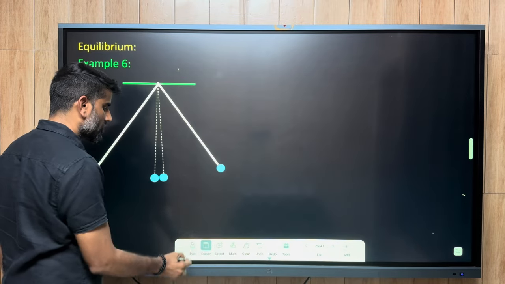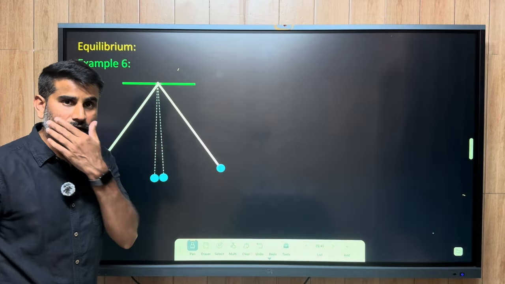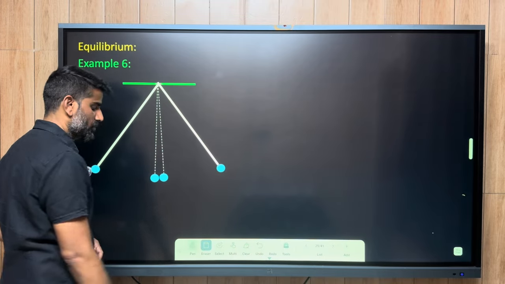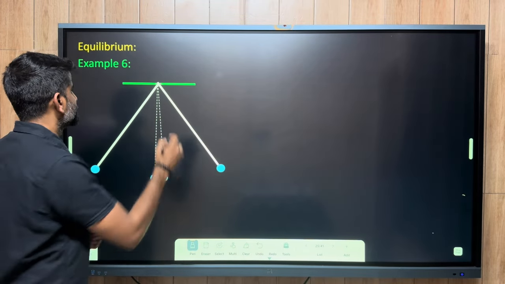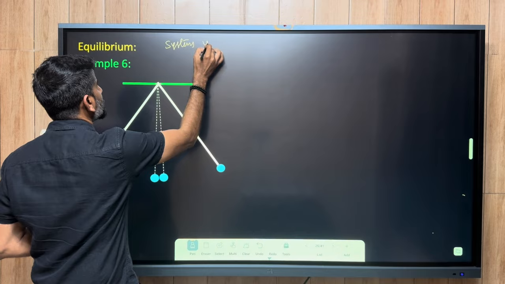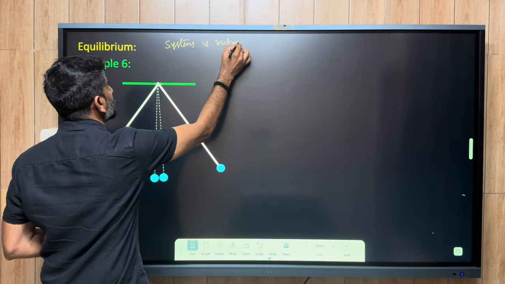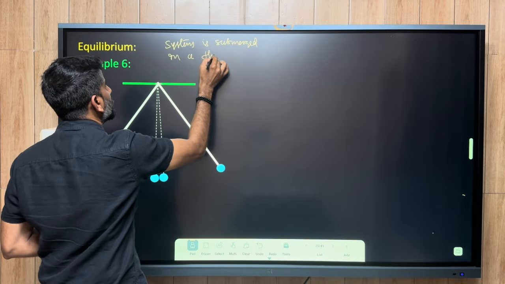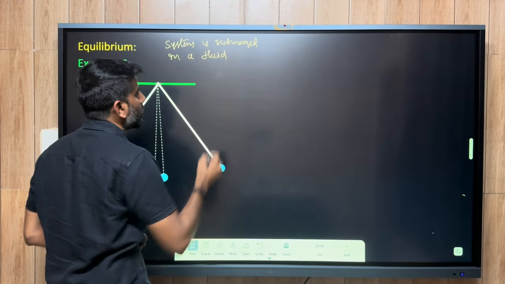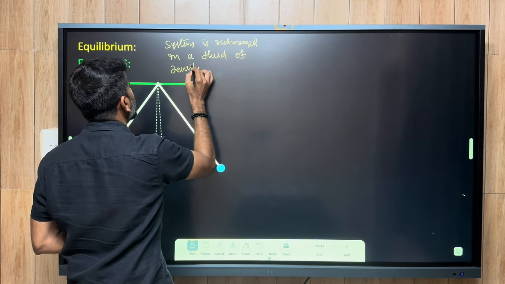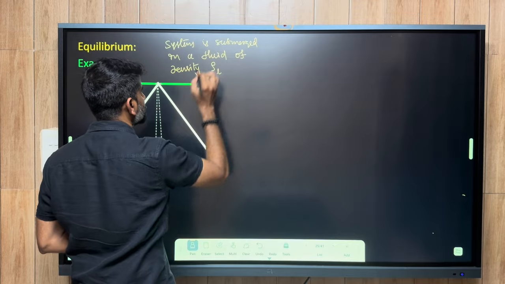Okay, I'm going to draw the free body diagram again. Now this entire system is submerged in a fluid of density rho liquid.